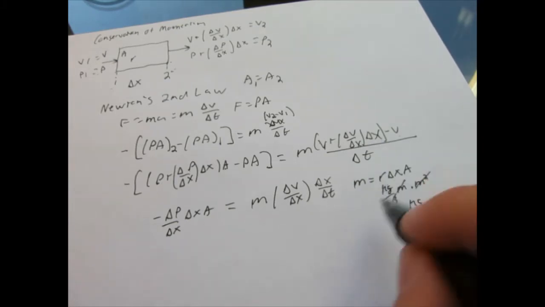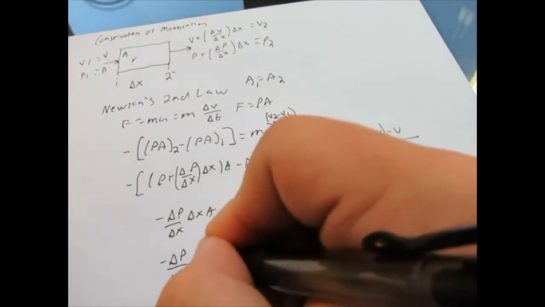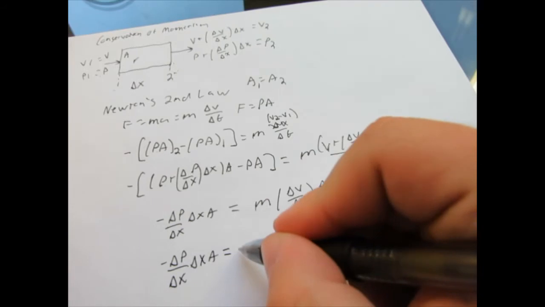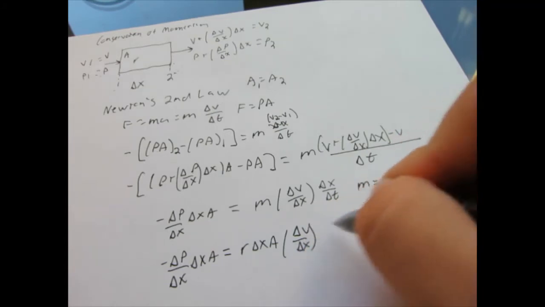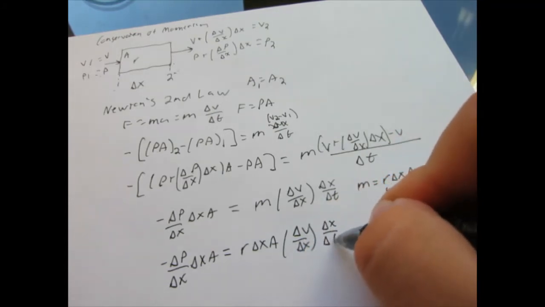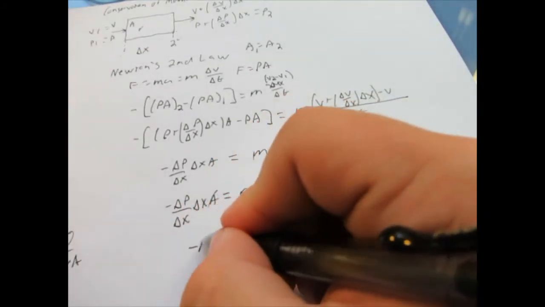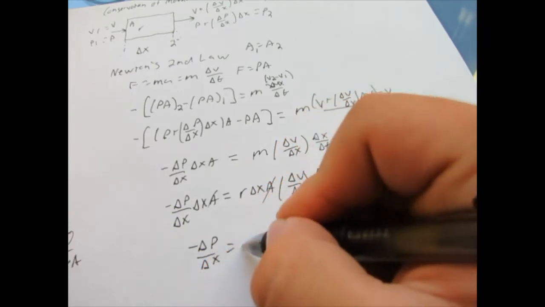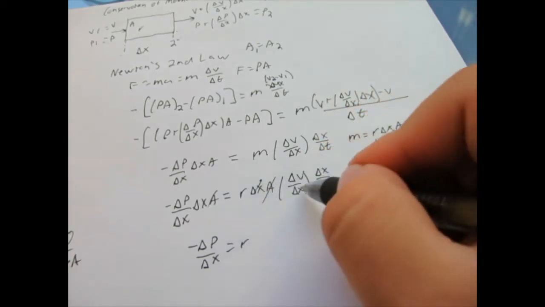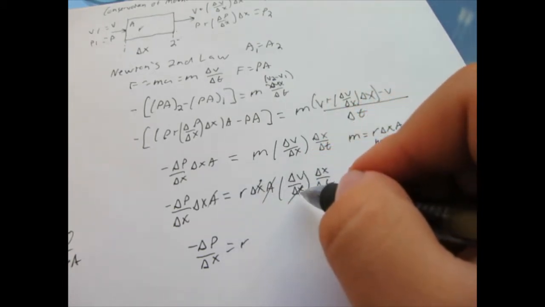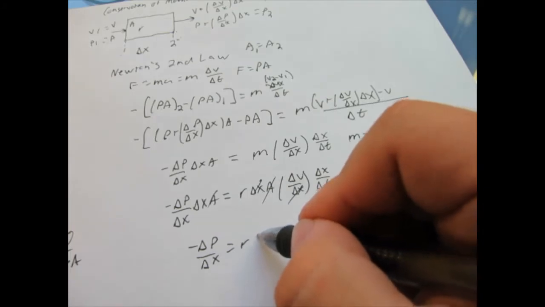So we're going to substitute M with this R delta XA. So then we're writing P equals R delta X A times delta V over delta X, delta X over delta T. Then the A's on both sides cancel out, and then you're left with negative delta P over delta X equals R. And then the delta X's cancel out.